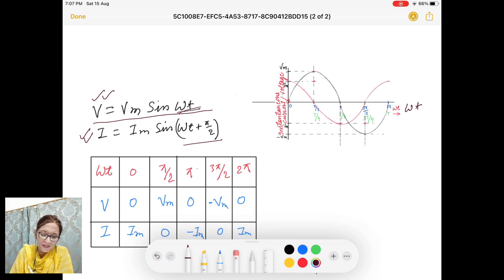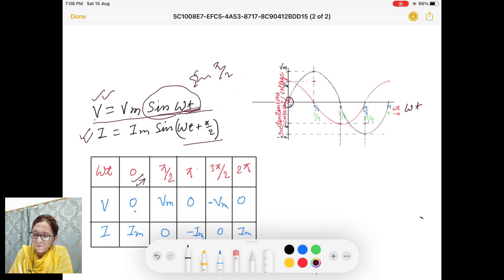Now when omega t is taken as 0, you know that sin 0 is equal to 0, then voltage becomes equal to 0. So for a 0 value of omega t, your voltage is 0. Here you have one value. Now when omega t is pi by 2, sin pi by 2 is equal to 1, so V becomes equal to Vm only.